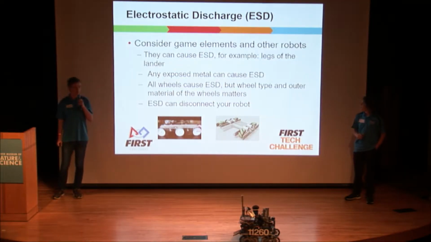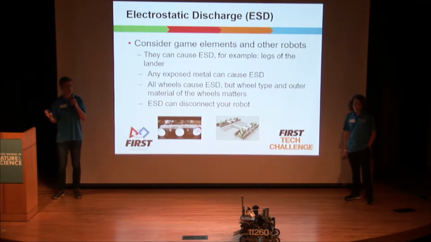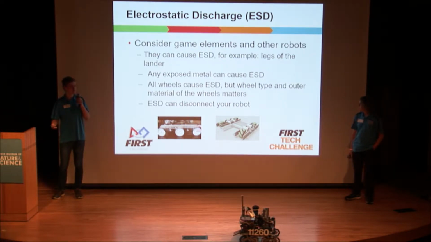All right, so a problem everyone needs to be aware of and everyone has to deal with is ESD, or electrostatic discharge. It's essentially when an exposed metal part of your robot conducts electricity and interrupts the connection between your phone and the brain of the robot, and your robot stops doing what it was doing and loses connection. So exposed metals are a big cause of that.